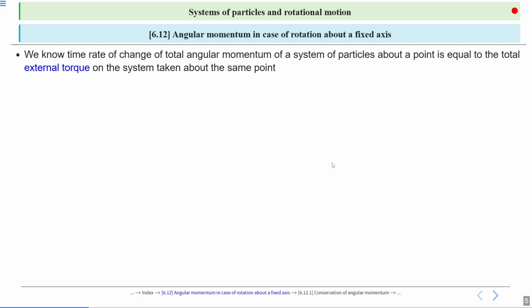All right. So that quantity is called angular momentum. Angular momentum is the rotational equivalent of linear momentum. It tells us how much rotation the body has and how hard it is to stop or change that motion.